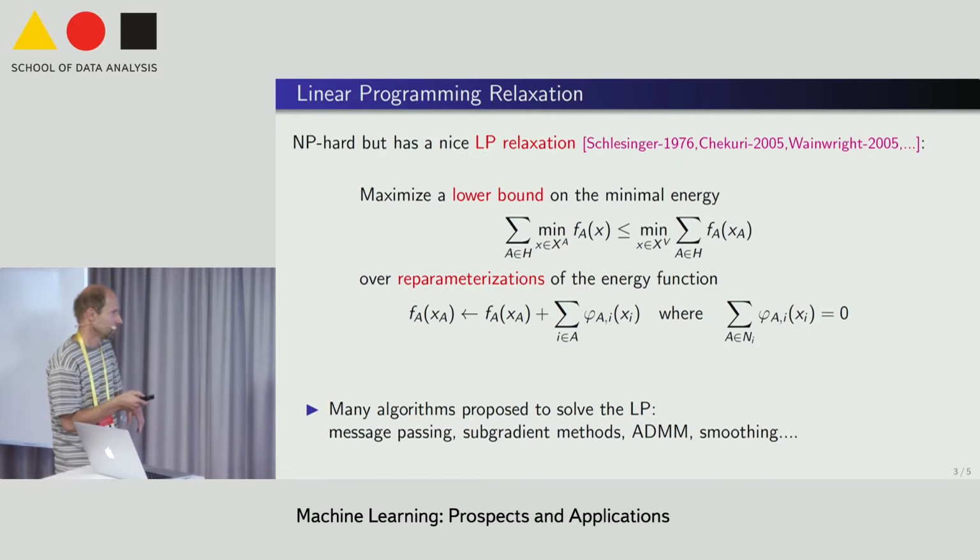This is often used in computer vision and elsewhere, and many algorithms have been proposed to solve this LP. Of course, you can't solve it by an off-the-shelf algorithm like the simplex method because it's huge. Various algorithms have been proposed to solve large instances of this.